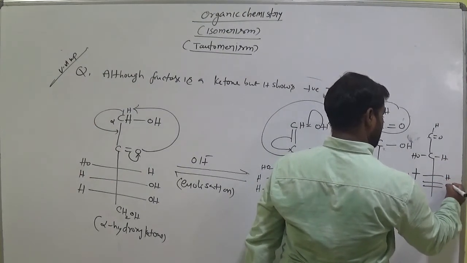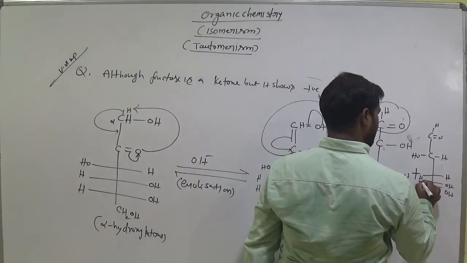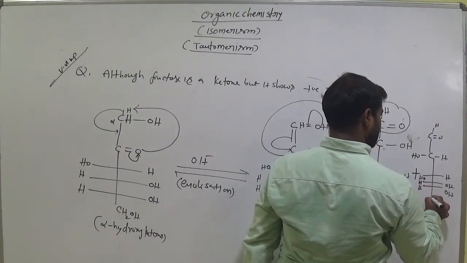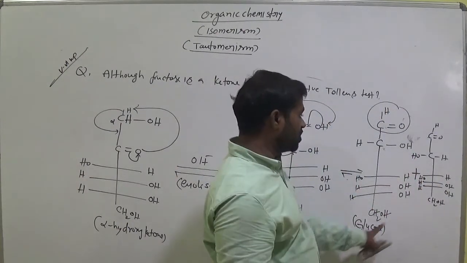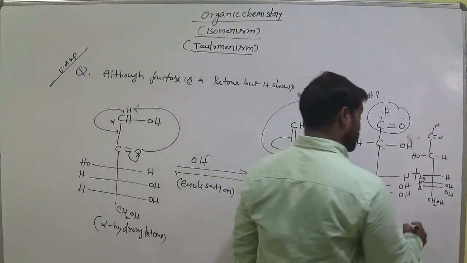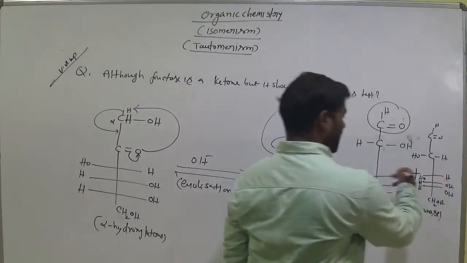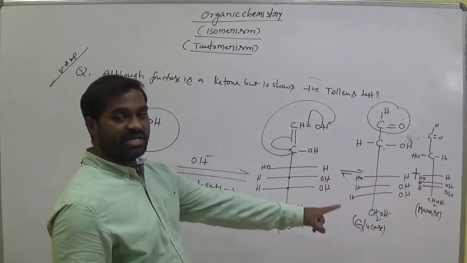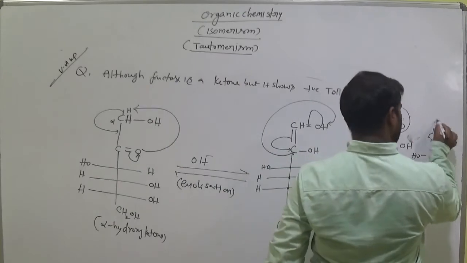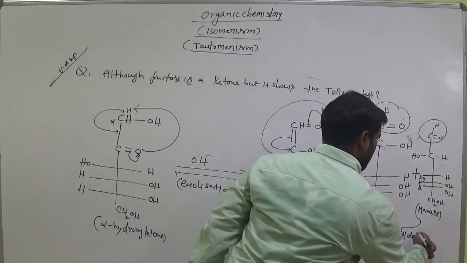This is H, OH, and OH, H, OH, and H, CH2OH. If OH is on this side, this is glucose. If OH is on the left hand side, that is mannose. Both have the same molecular formula, just interconvertible. One is glucose, another one is mannose. These two are aldehydes. Keep it in mind.